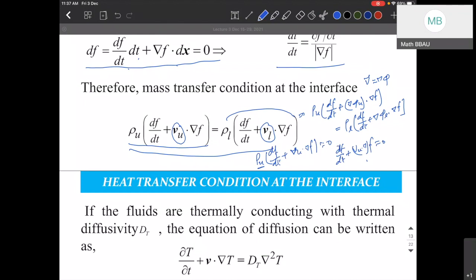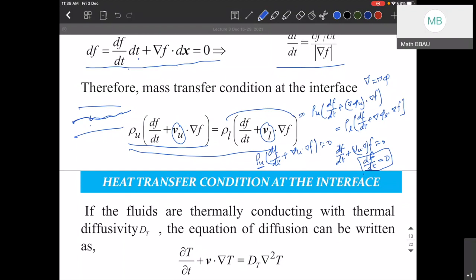Basically this is the normal velocity of the interface being 0, and that is called the kinematic condition, which says that a fluid particle at the interface will remain at the interface throughout the analysis, means the normal velocity at the interface is 0.